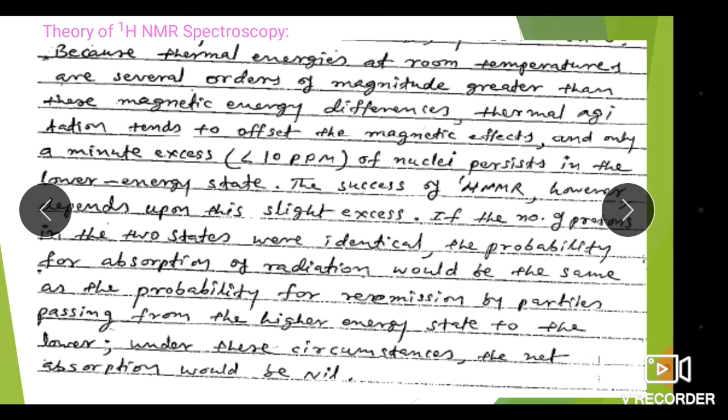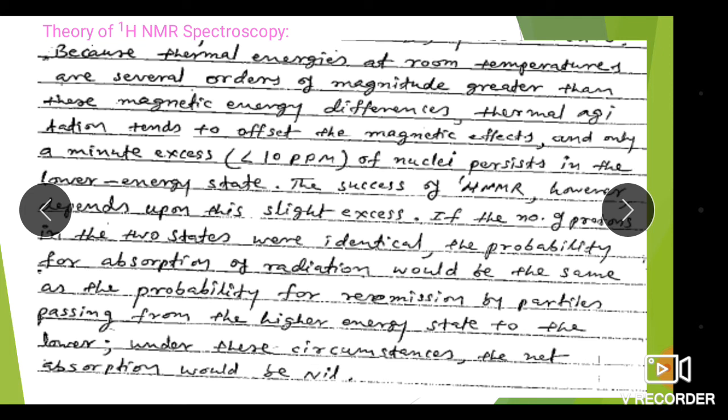So the thermal agitation tends to offset the magnetic effects, and only a minute excess, lower than 10 ppm of the nuclei, persists in the lower energy state. The success of H1 NMR, however, depends upon this slight excess.